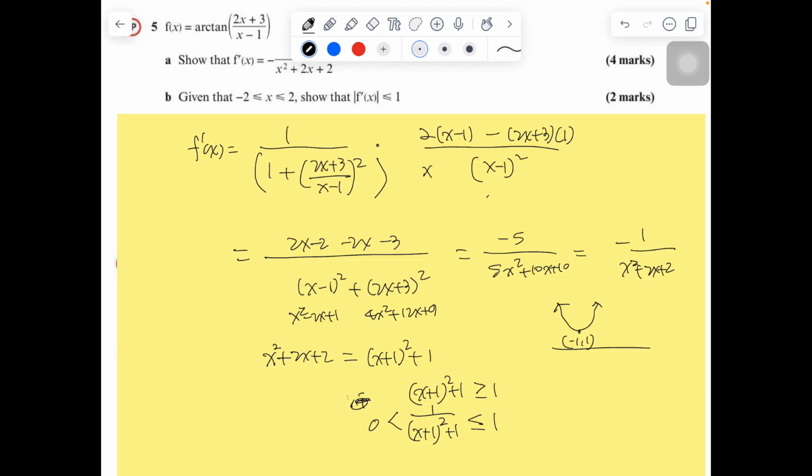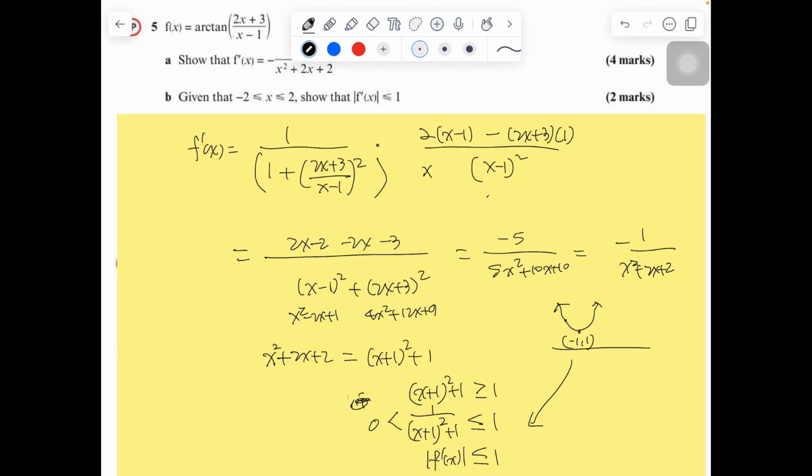And actually this is f prime of x. The modulus of f prime of x becomes smaller than or equal to 1. We don't need to check the specific values, this is always like this.